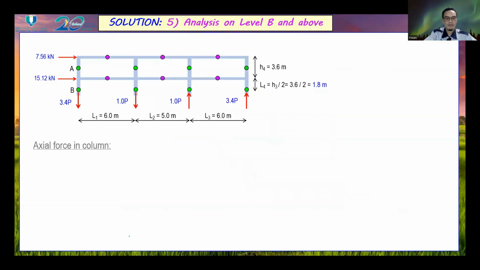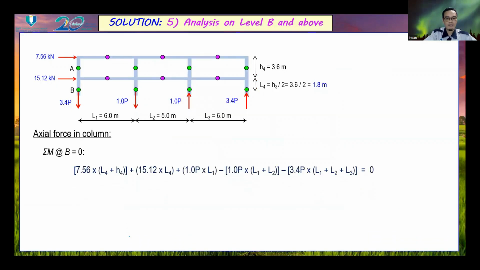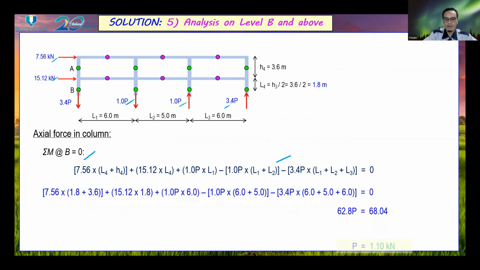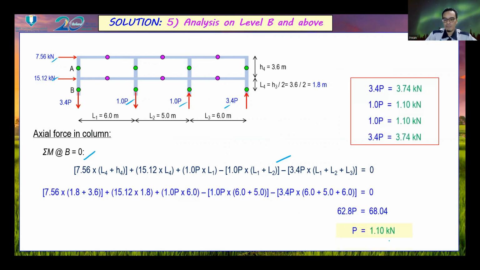We simplify our subframe like this, and then we consider the moment at B equal to 0. I hope you can derive these equations based on all these relevant forces. Then you can obtain the value of P equal to 1.10 kilonewton, and this is the value of axial forces in the other columns.